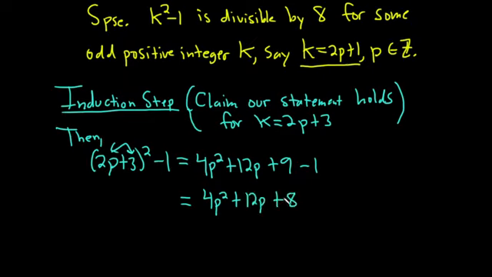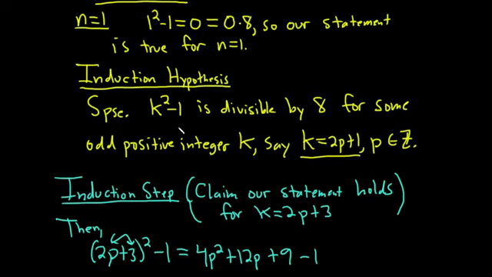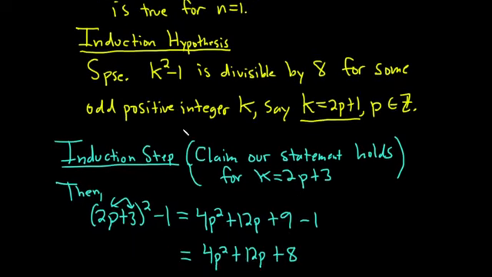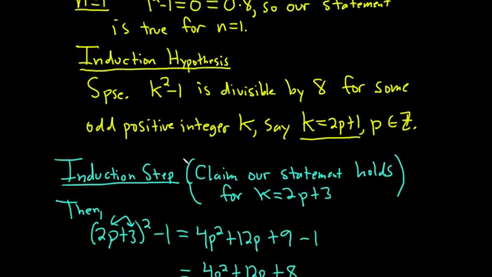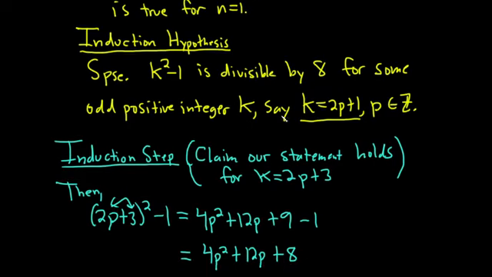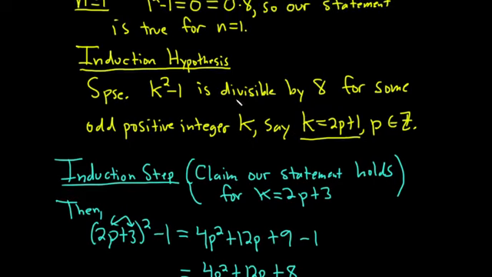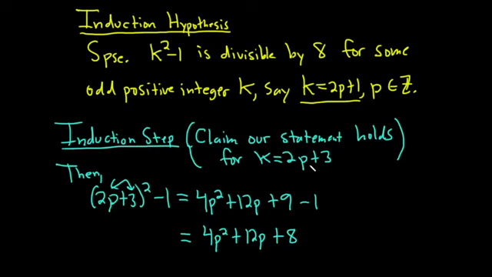Now let's think about what we're trying to show. We know that k squared minus 1 is divisible by 8. That's our induction hypothesis. So what does that actually mean? Let's come back up here and think about that. That would mean that 2p plus 1 squared minus 1 is a multiple of 8.